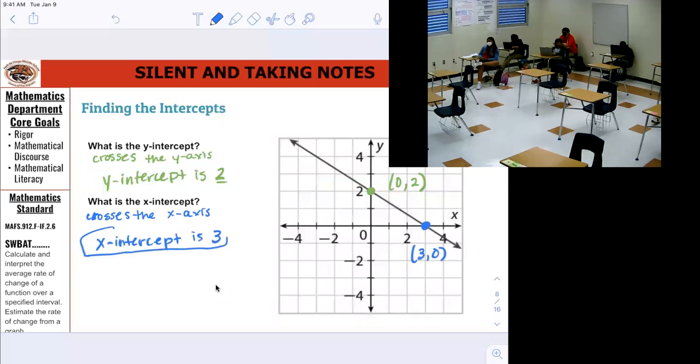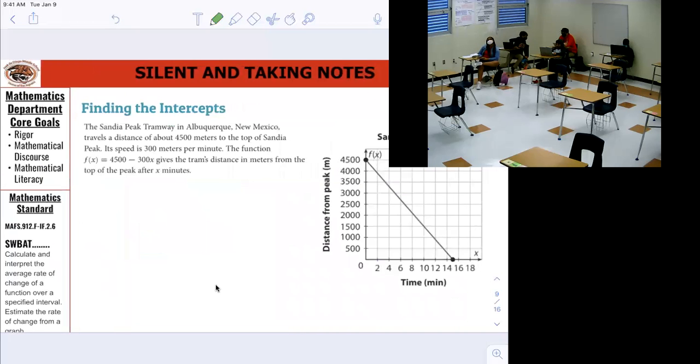On a graph like this one, it's not really telling us much because this is just a graph with no real world context. But when you do have a real world context, it's going to tell us something. The y-intercept tells you something about the situation and the x-intercept tells you something about the situation. So I'm going to identify the x-intercept and the y-intercept, and then we're going to figure out what they mean in this scenario.